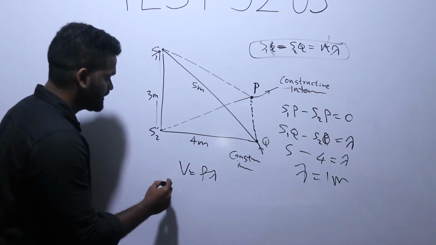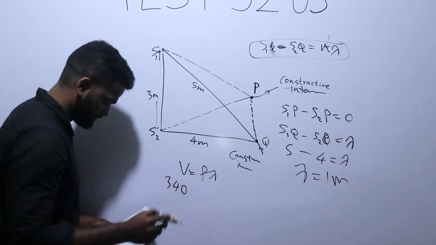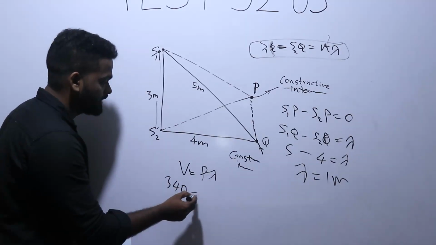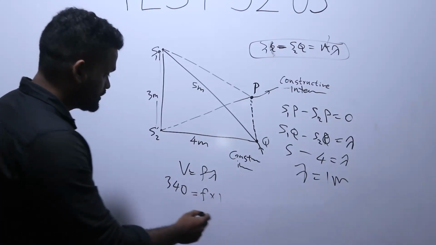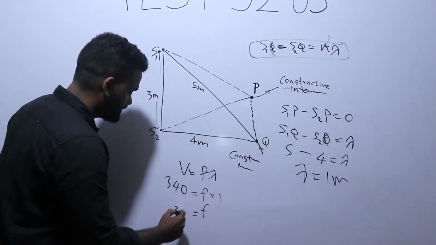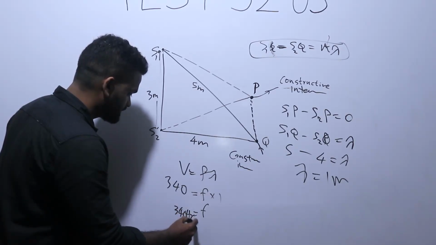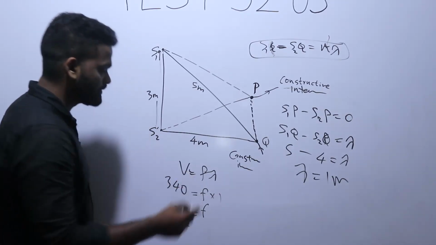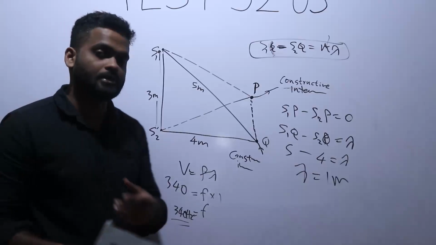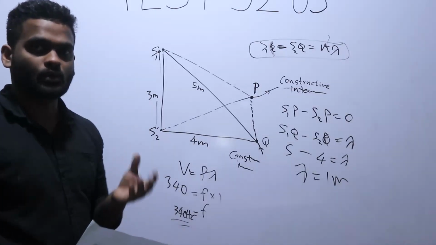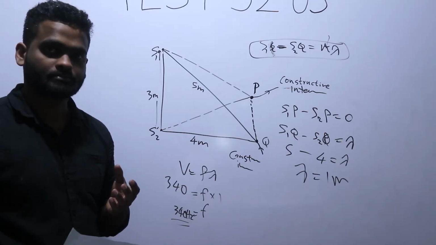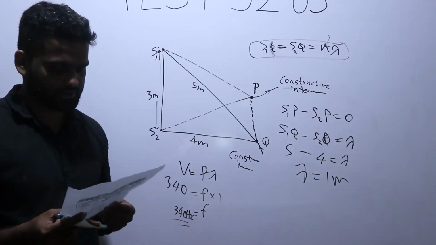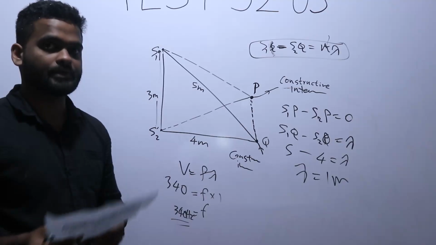Sound velocity is given as 340 meters per second, lambda is 1 meter, so the frequency is 340 hertz. Frequency is 340 hertz for the sound sources S1 and S2. So the answer should be the third one for the 15th question.